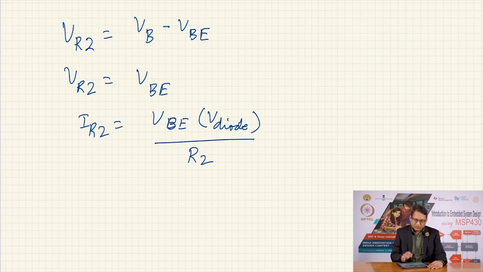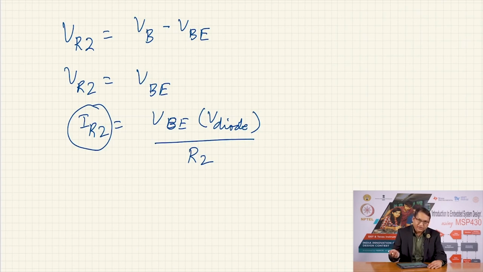And now you see the current is independent of the supply voltage, and so for the entire lifetime of the battery, the resistor would ensure that a constant current equal to VBE divided by R2 would keep on flowing through the emitter of the transistor.